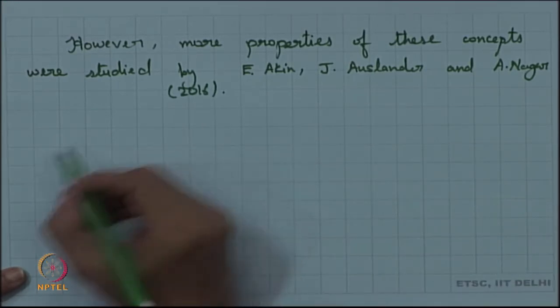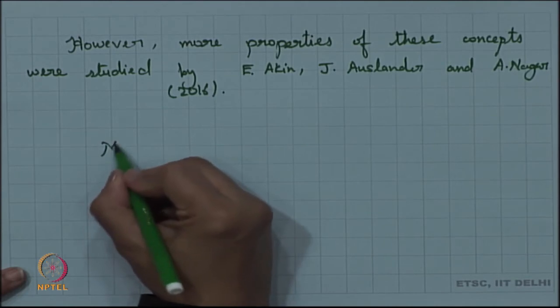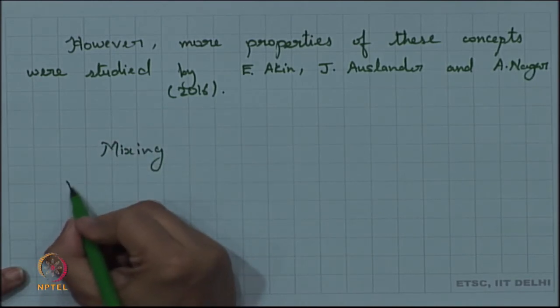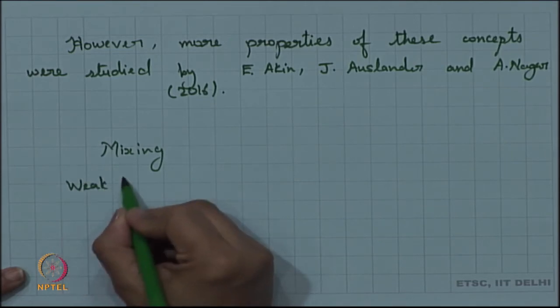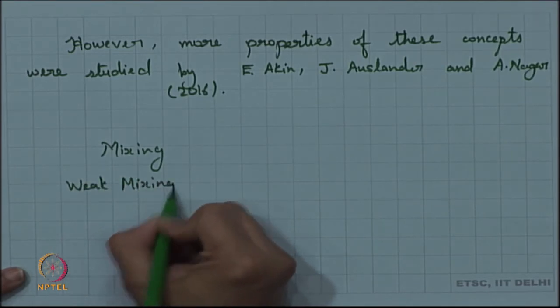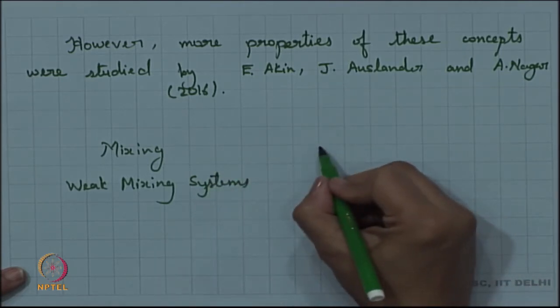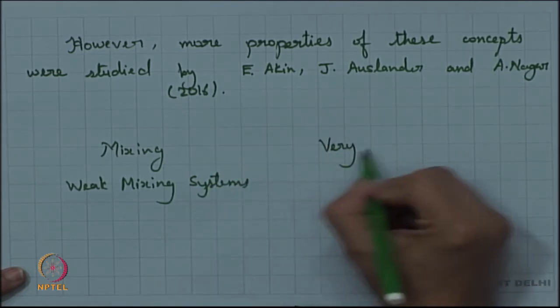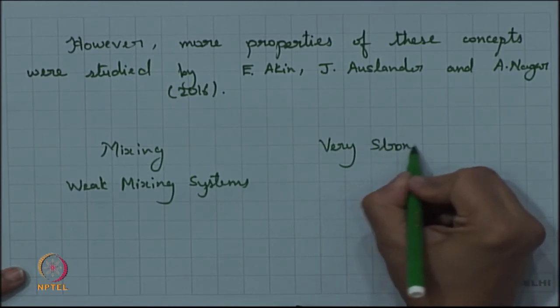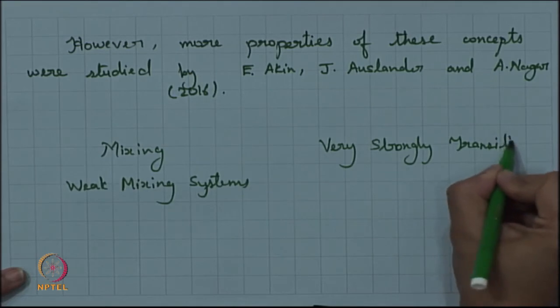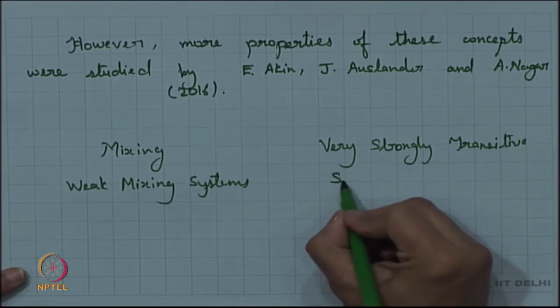On one hand we have the mixing systems and weakly mixing systems which we had just seen in the previous classes. And on the other hand we have the concept of very strongly transitive, and the concept of strongly transitive.